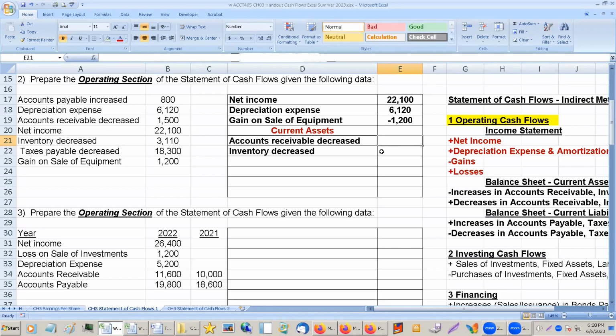Accounts receivable decreased, so that means our cash goes up. It goes in the opposite direction. If our accounts receivable decreased, that means more people paid us, so our cash went up. Inventory decreased, same thing. It's an asset going down, so our cash goes up. If inventory decreased, that means you sold it. So assets go in the opposite direction.